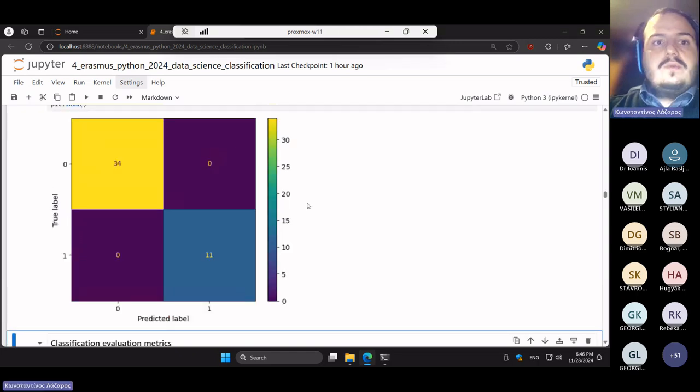So what do we actually want ideally in order to deem an algorithm suitable for deploying it as part of a service or decision support system, for instance? We would want our algorithm to have very high true positive and true negative values and extremely low false positive and false negative values, right?